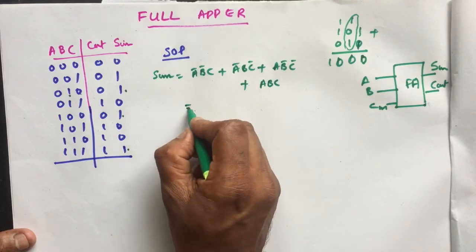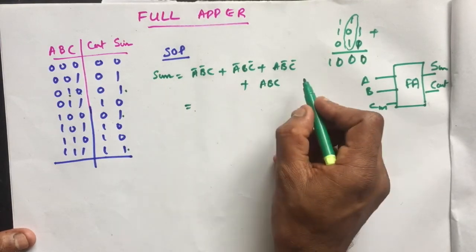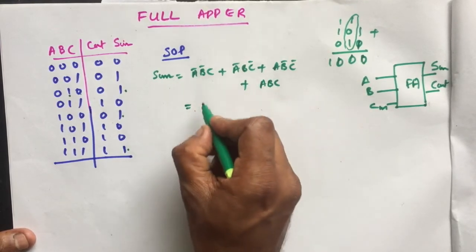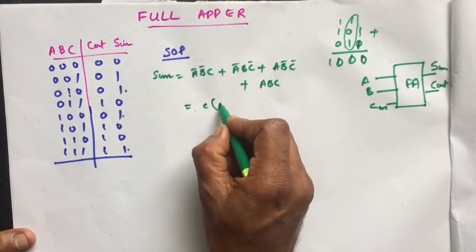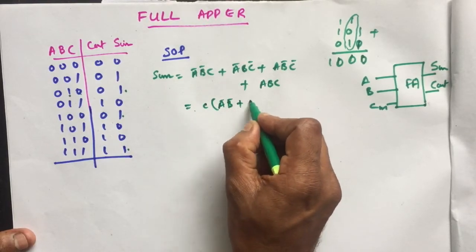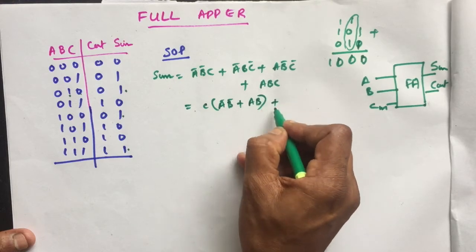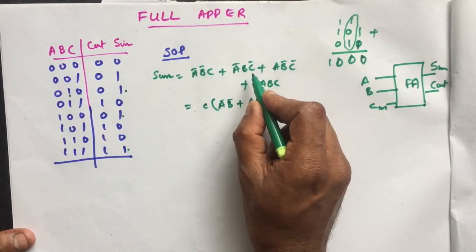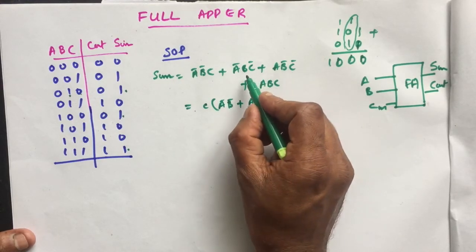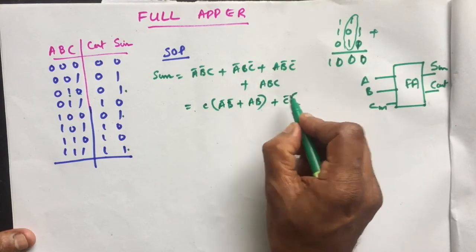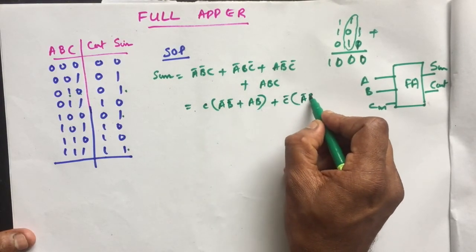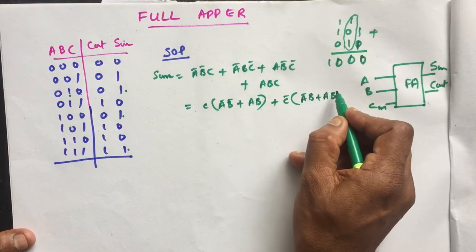Now we can reduce this expression. We can take C outside from two terms, so we have C into (A bar B bar plus AB), and from the other two we take C bar outside, so we have C bar into (A bar B plus A B bar).